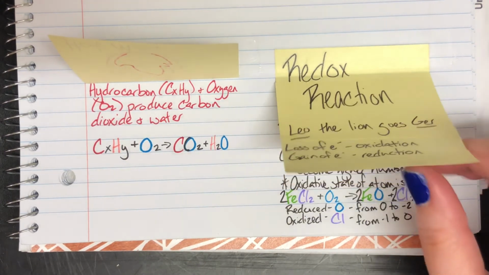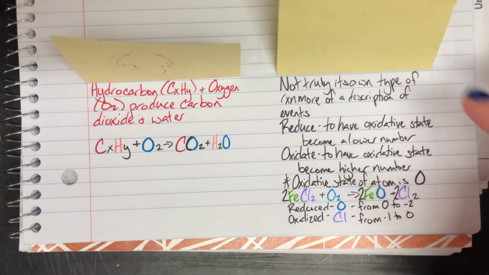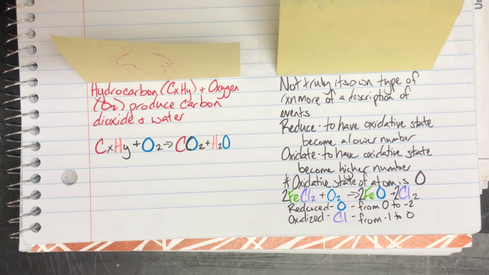So my redox reaction is not truly its own type of reaction. Instead, it's more of an in-depth description of what happened to each element inside of the reaction. And so to reduce is going to be having my oxidative state become a lower number.